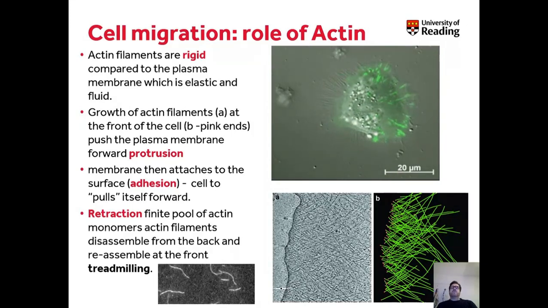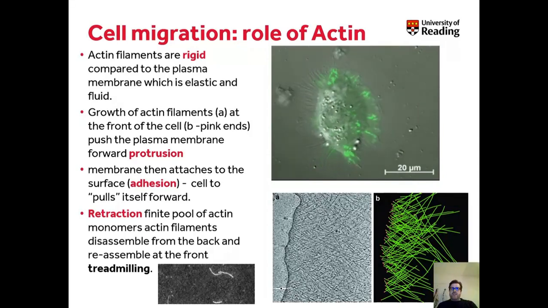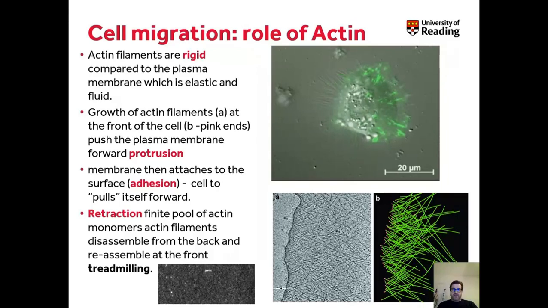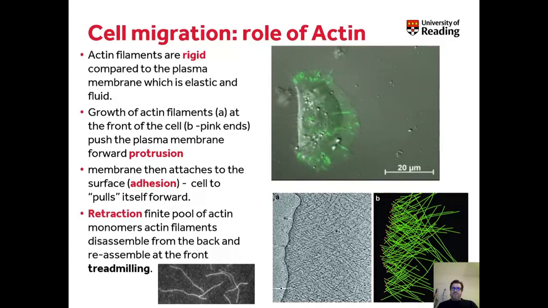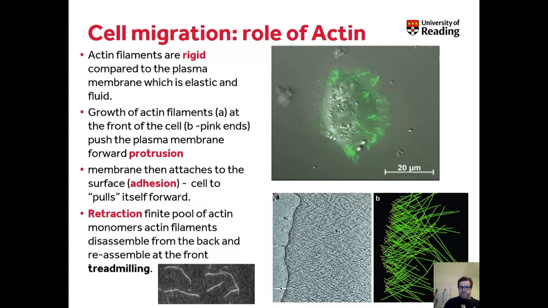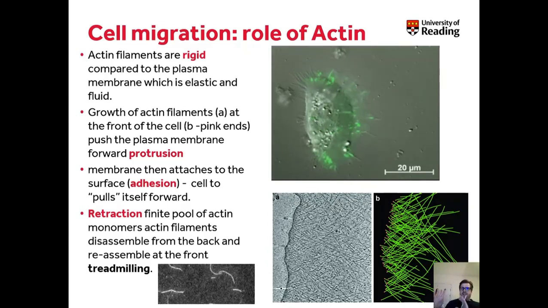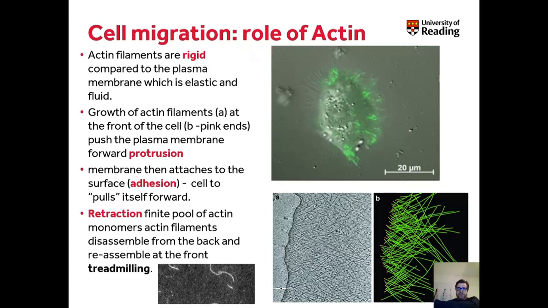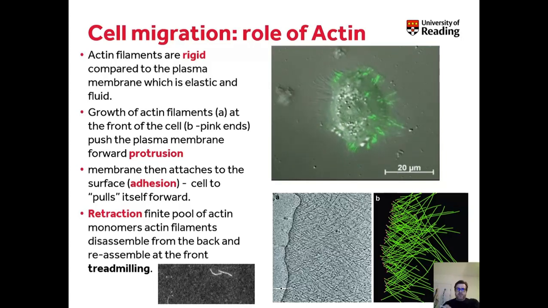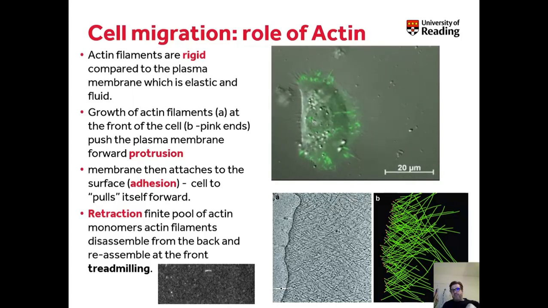And it's important to remember, as I've already mentioned, they're rigid, they provide structural integrity to the cell, and they are much more rigid when compared to the plasma membrane, which is very elastic and fluid. So if actin filaments grow at the front end of the cell, then they will push the plasma membrane forward.